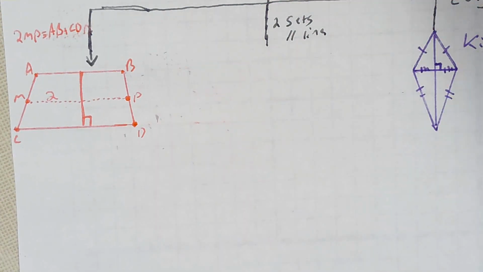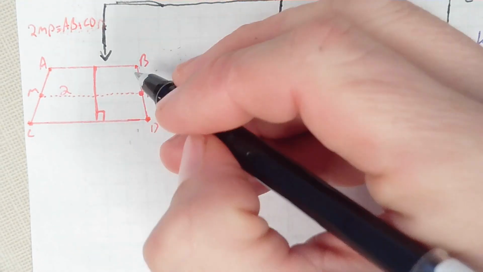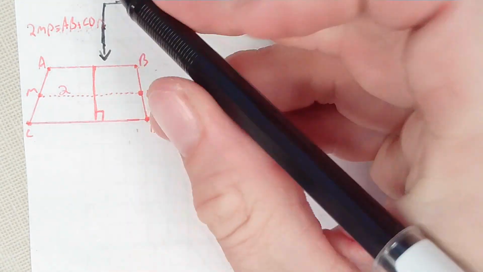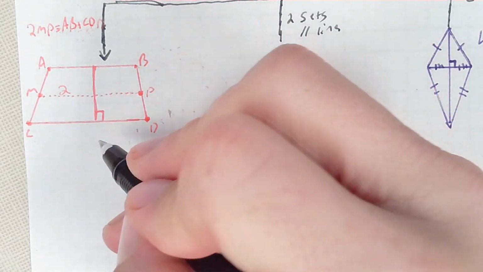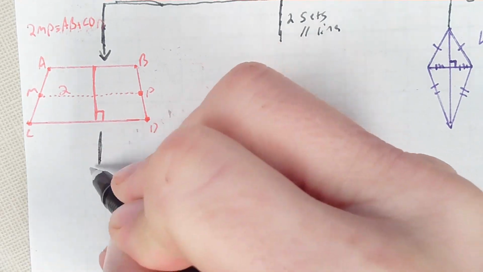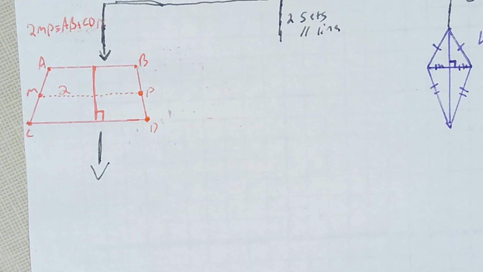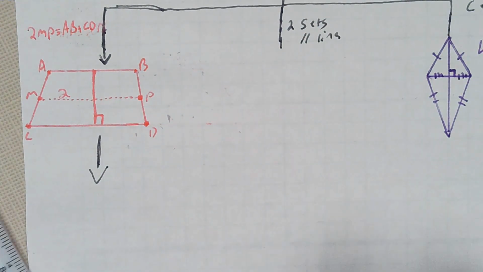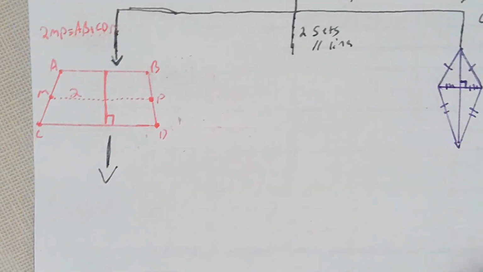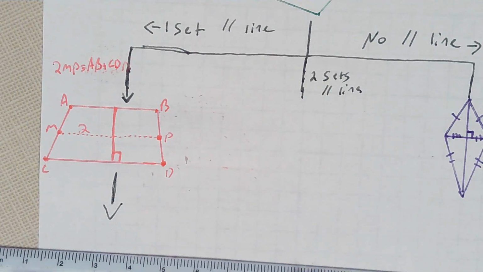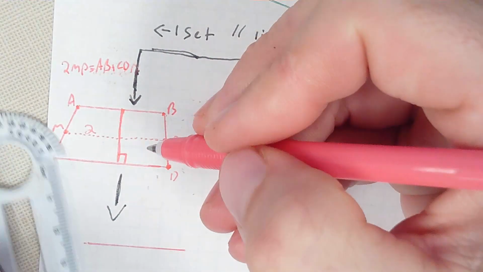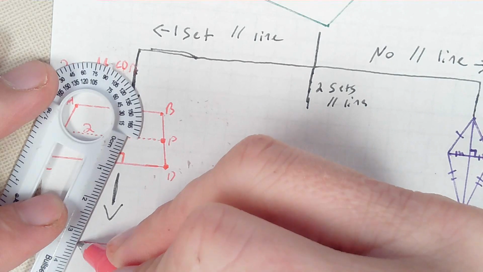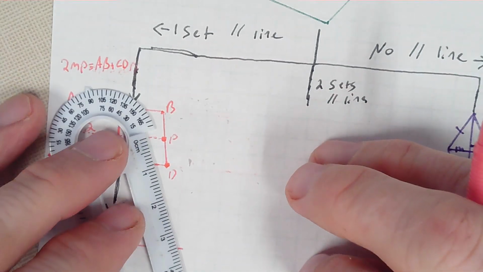And then if I expanded this even longer, and I said, hey, these line segments are congruent, then I have myself an isosceles trapezoid. So this guy is congruent to this guy and this guy.